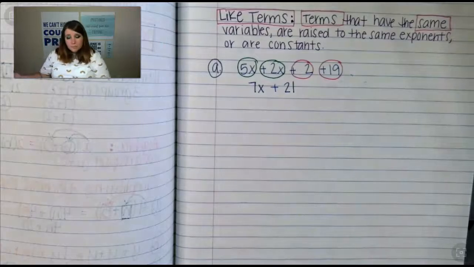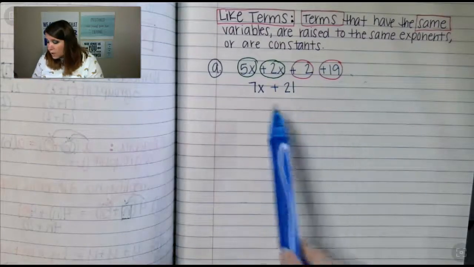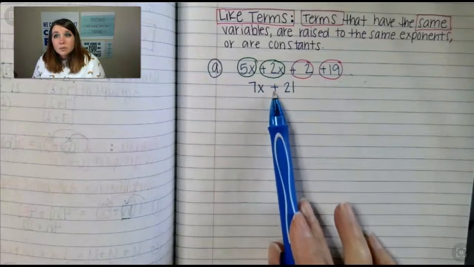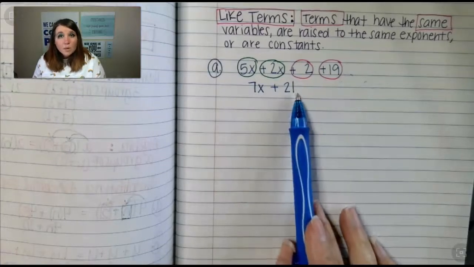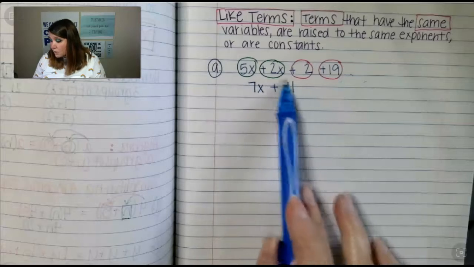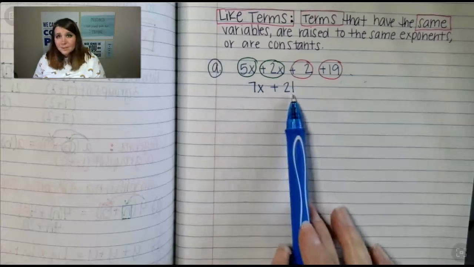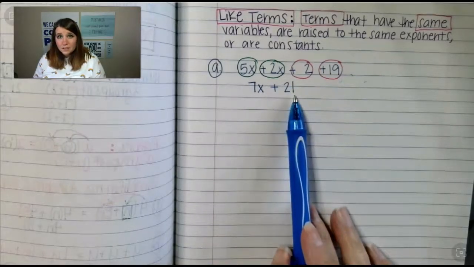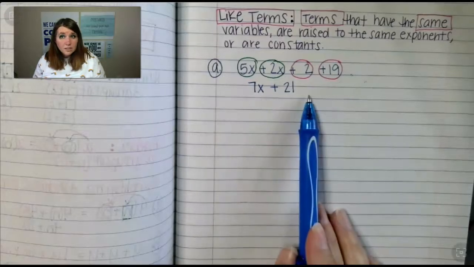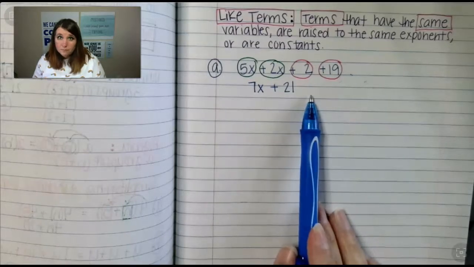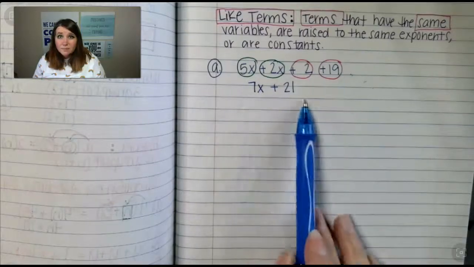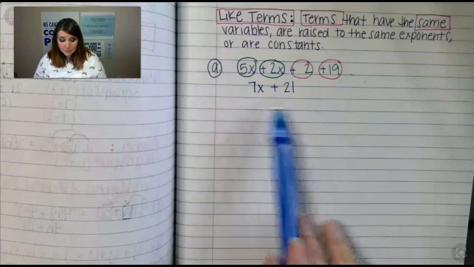So when we simplify this expression, or combine our like terms, we have 7x plus 21. We cannot put this x with this 21 because this 21 does not have an x. This is a constant, and this is a coefficient, and coefficients and constants cannot go together. They are part of two different clubs. They cannot be in the same club.